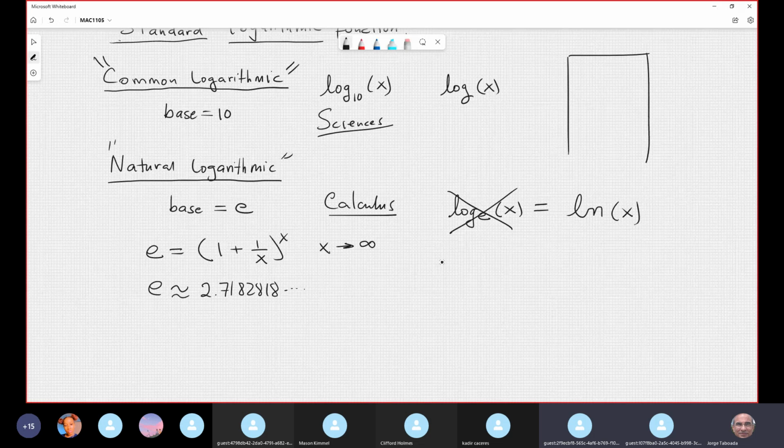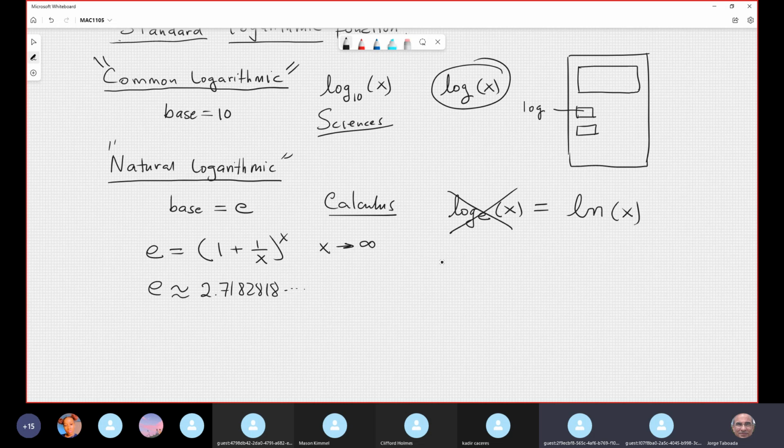In our calculator, suppose that this is my calculator. You promise that you bring the calculator next week, right? So Tuesday, next week, we are working with the calculator. We have one key here and one key here. This key, the name is log. Another key is called ln.